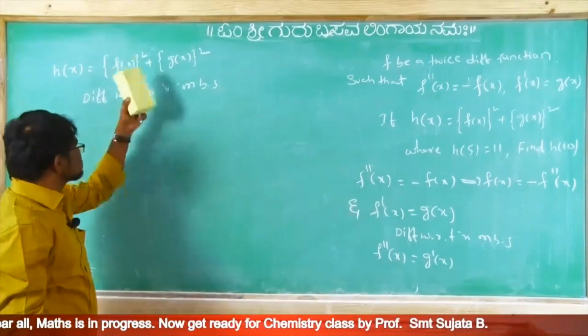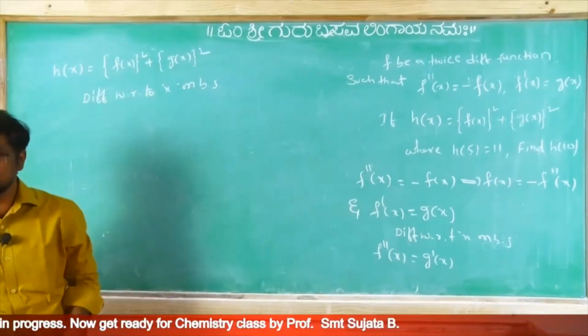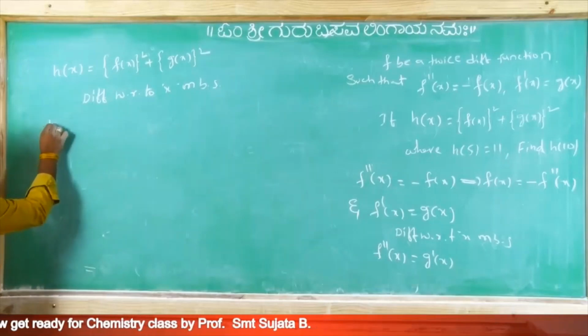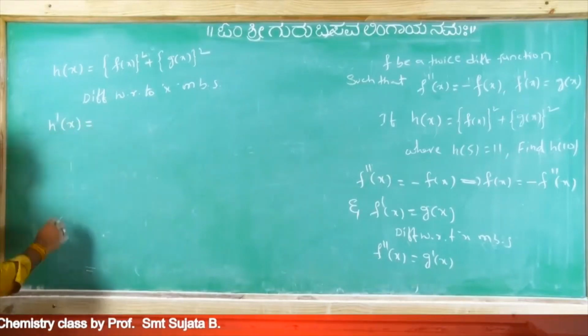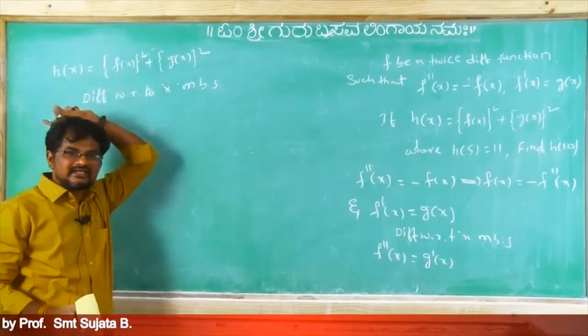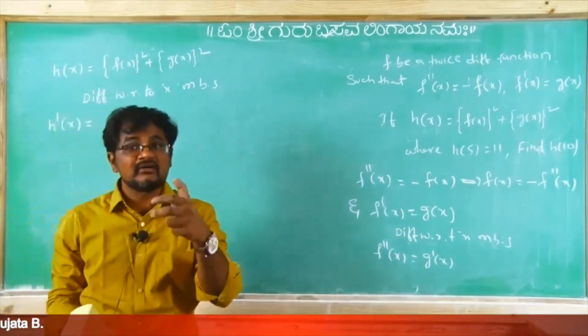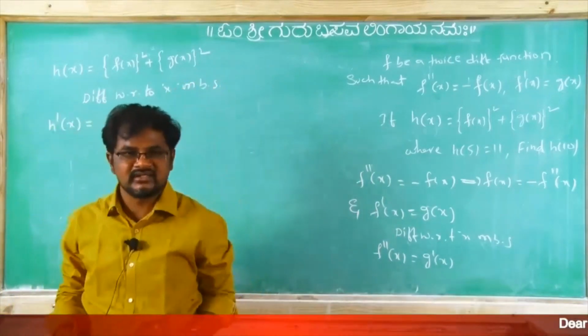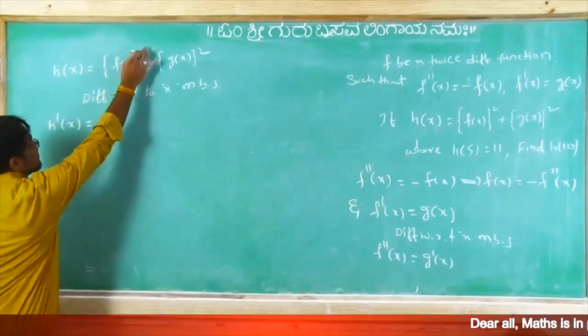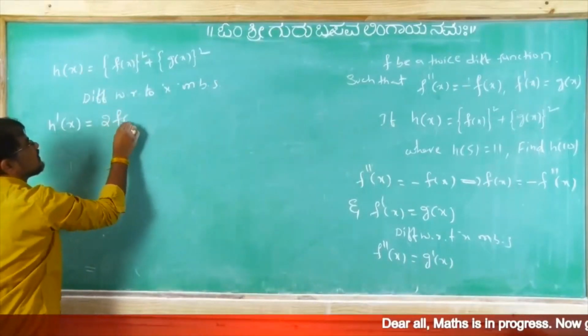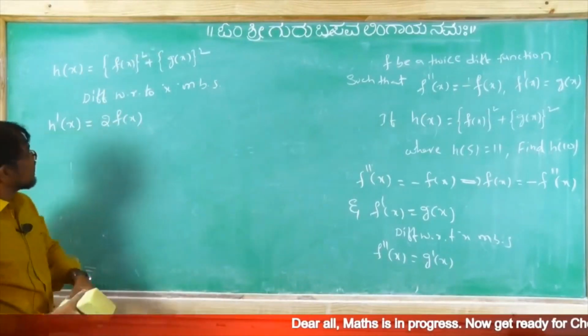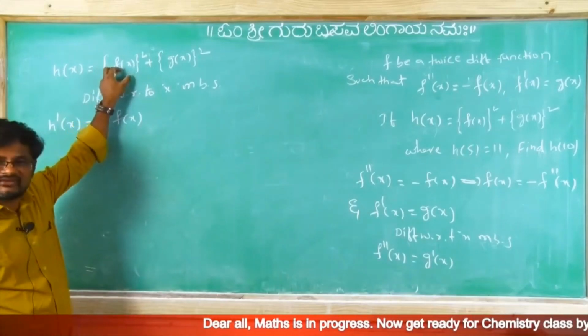Variable is also x and we are differentiating with respect to x only. Now here h dash of x. Now it is in the form of x square. Yesterday one problem you had f of x like that. Now differentiation of x square form means 2 into f of x, and again we have to differentiate f of x also.